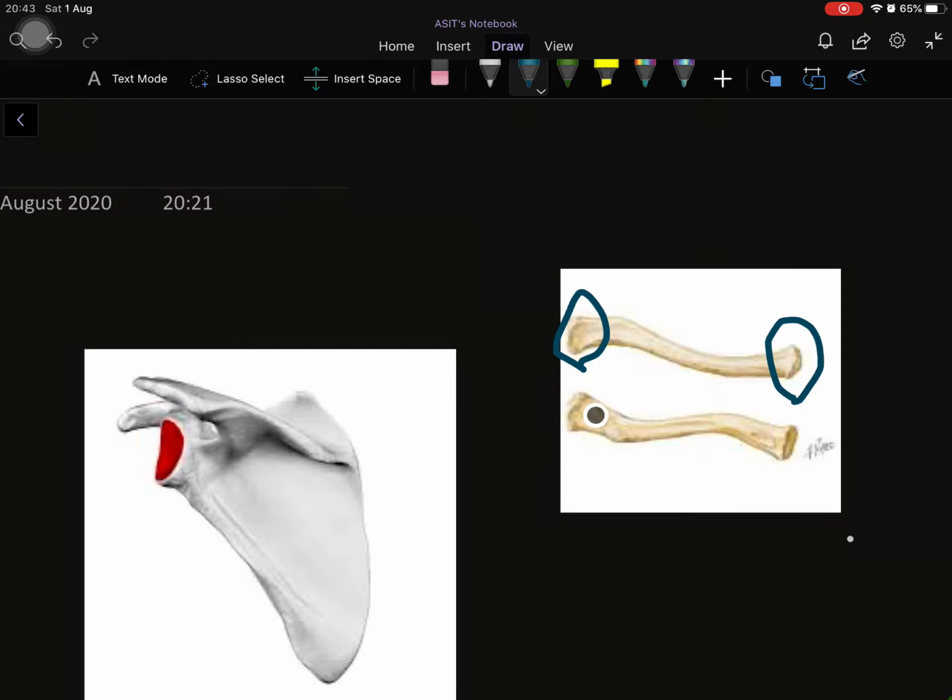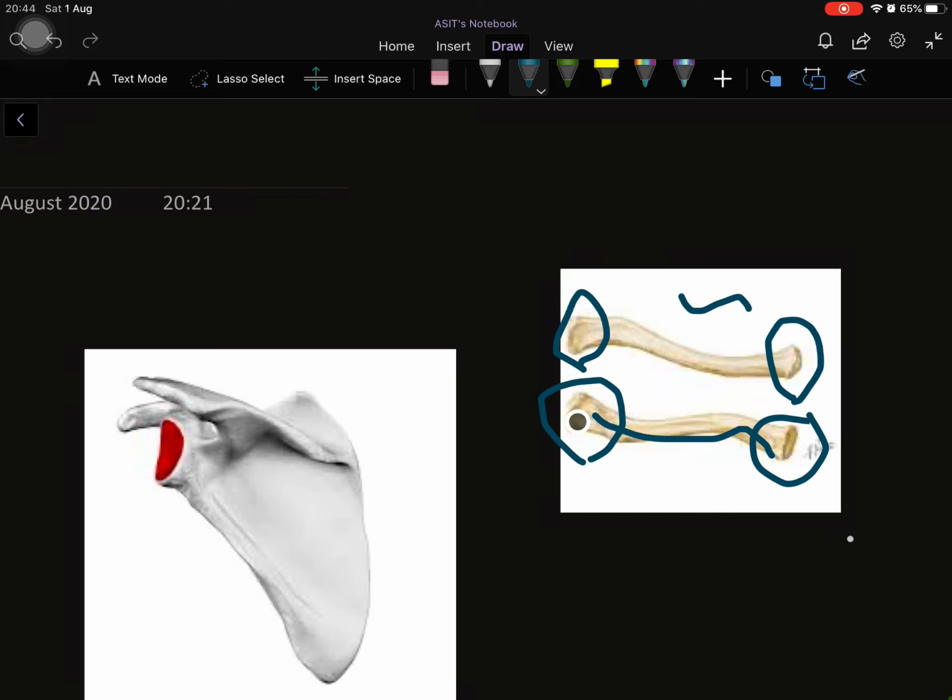If we look at the clavicle, it is simply S shaped, just like an S. How can we know the correct anatomical position of this clavicle? See here, this head is larger than this part. This is how you can distinguish it.